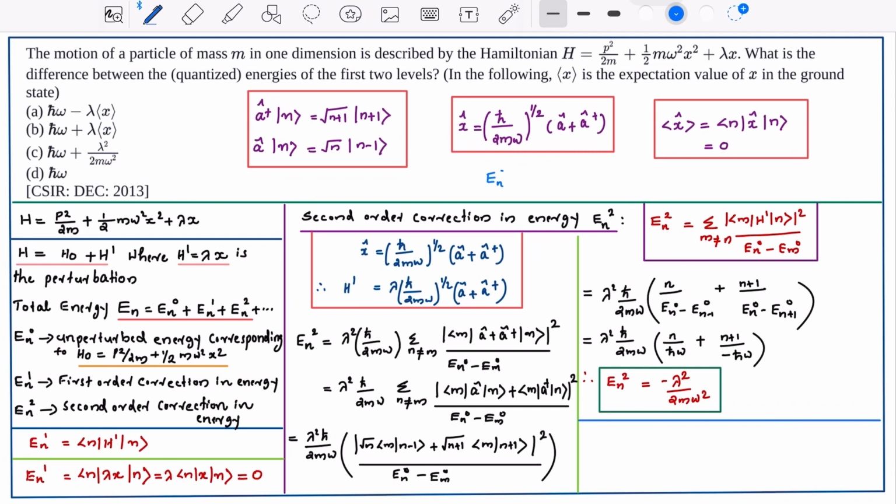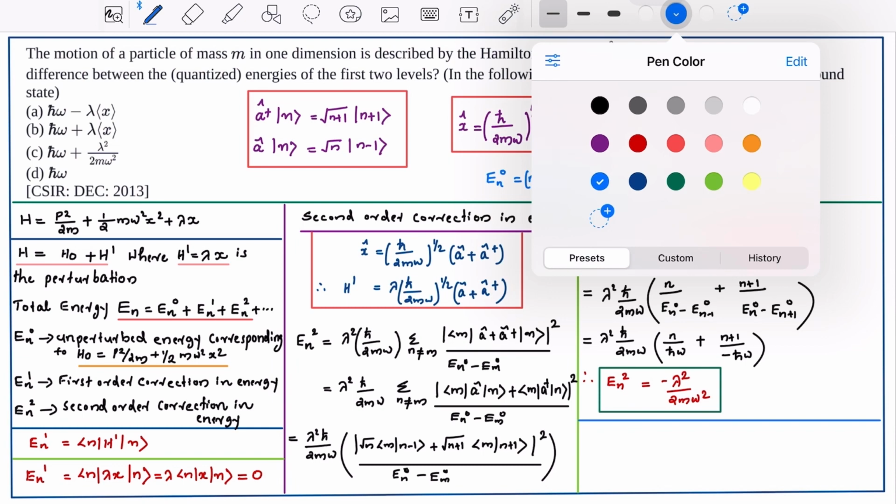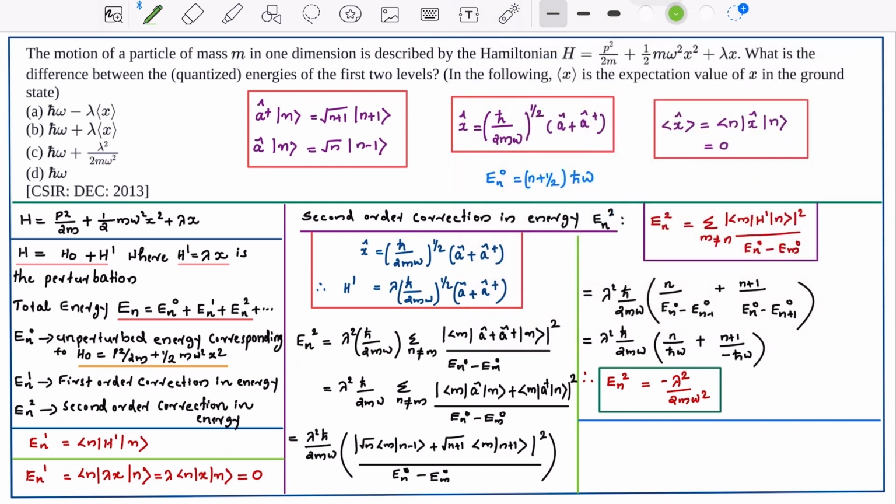Now our total energy, because of the given Hamiltonian, is given by En, that is equal to En0 plus En1 plus En2. Now what is En0? En0 is the unperturbed energy corresponding to H0. H0 is p square by 2m plus half m omega square x square. Therefore, En0 is equal to n plus half h cross omega. Now the total energy En is equal to En0 plus En1 plus En2.